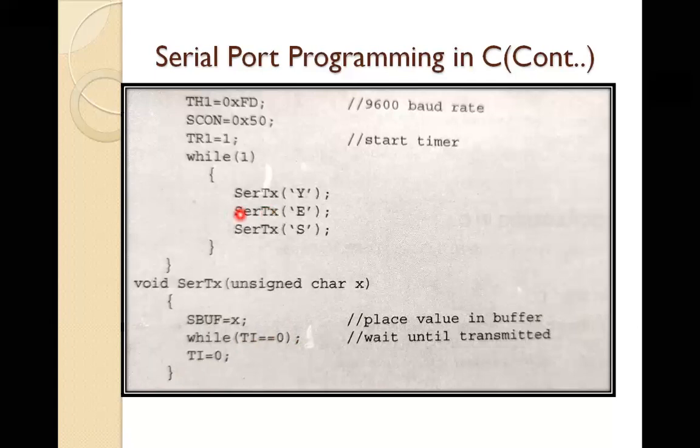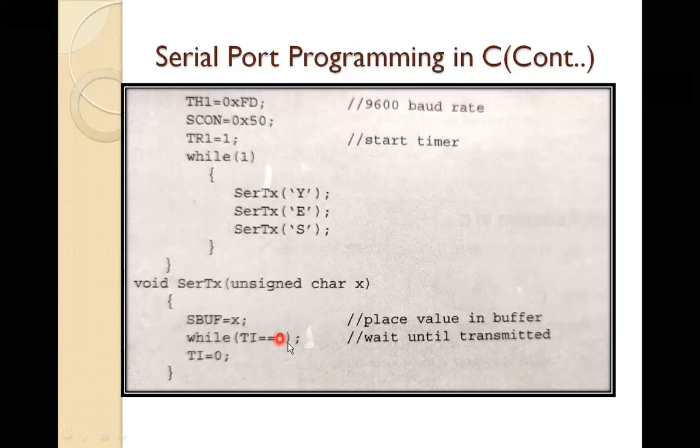Again the control transfers from this subroutine task to our next instruction in the main program, that is SERTX in brackets inverted comma E. So now our next character is letter E. So here the value of X is equal to E. So it executes control transfer to the routine void SERTX unsigned char X. So here now X equal to E. So that E, using this instruction SBUF equal to X, will be placed in the SBUF register.